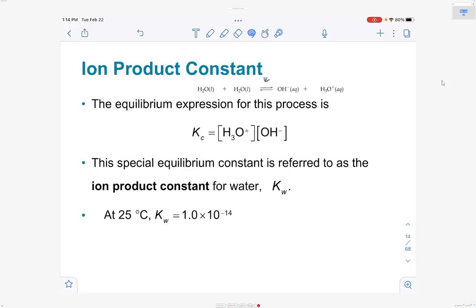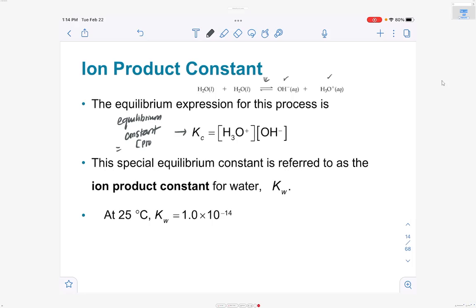Although concentrations of hydroxide and hydronium found are very low, this is an equilibrium reaction where reactions in both directions are occurring simultaneously. Since it is an equilibrium reaction, we can write the equilibrium expression for this reaction. The equation for Kc, equilibrium constant, is, do you guys recall?